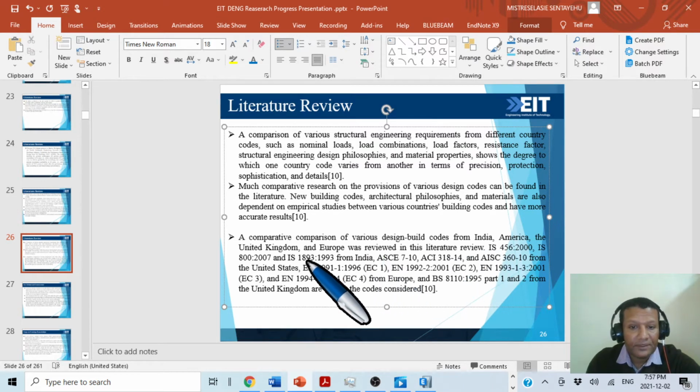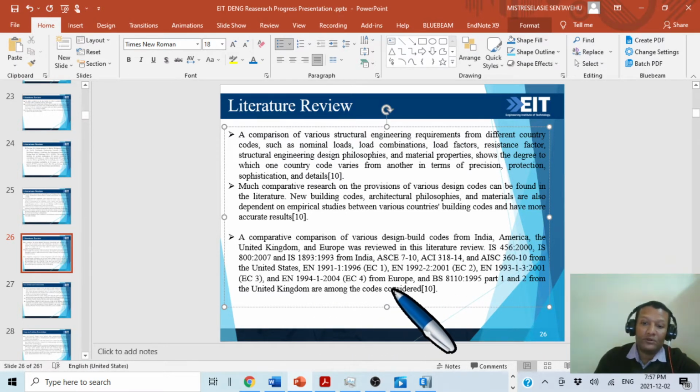So as you can see, the codes reviewed in this literature include, for example, Indian Standard 456 2000, Indian Standard 800 2007, Indian Standard 1993 from India, ACI 318 14, AISC 360 10 from the United States, European Norm 1991, 1996 EC1, European Norm 1992, European Norm 1993, 2001 from Europe, and British Standard Part 1 and Part 2 from the United Kingdom, among the codes considered.